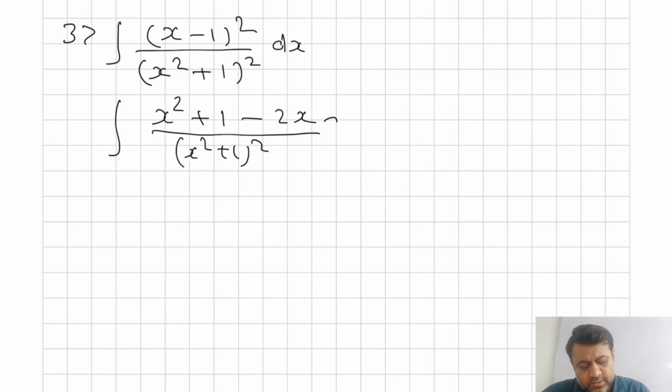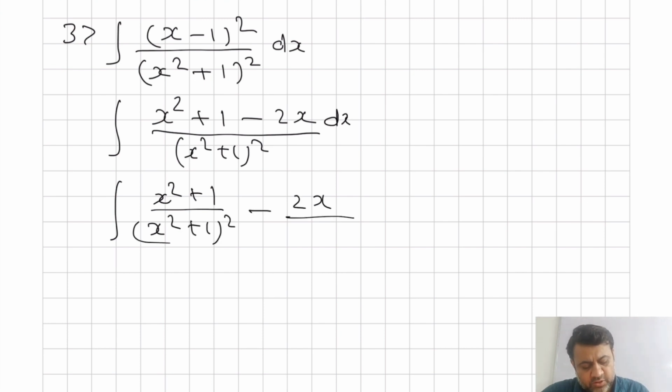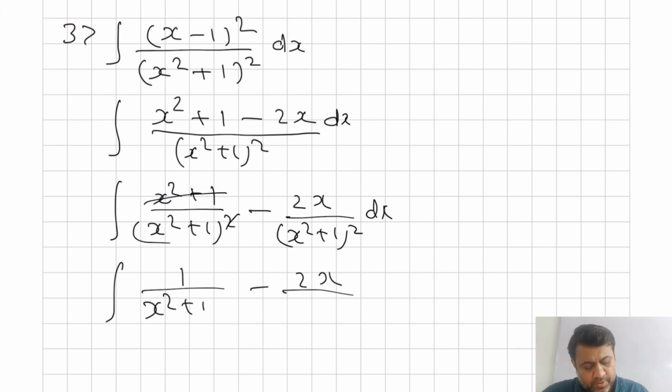So what I do here is, I take the first part x square plus 1 upon x square plus 1 the whole square separately, and minus 2x by x square plus 1 the whole square separately. In the first part, one of these x square plus 1 is getting cancelled. So we are left with 1 by x square plus 1 minus 2x upon x square plus 1 the whole square.